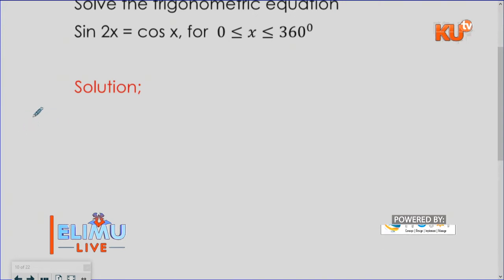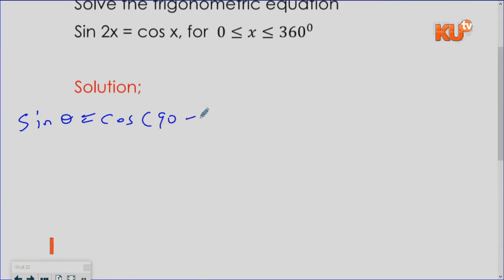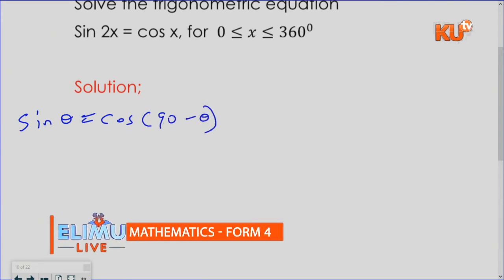We were saying that sine theta is equal to cos into brackets 90 minus theta. That is what you said in Form 2. These angles are called complementary angles. If you add this theta to this angle here, it should give you 90 degrees. Let's give an example of sine 30 degrees.